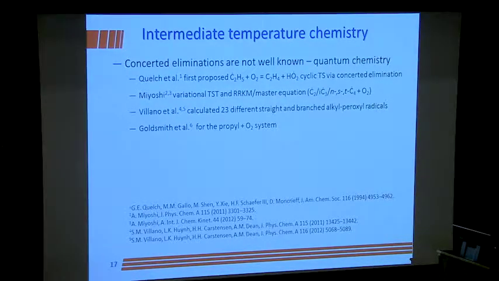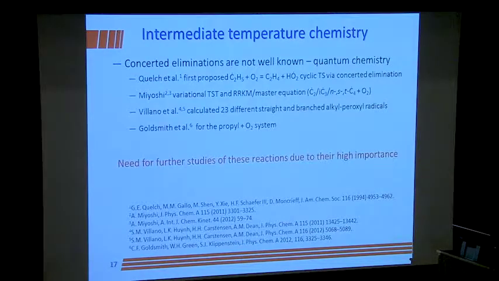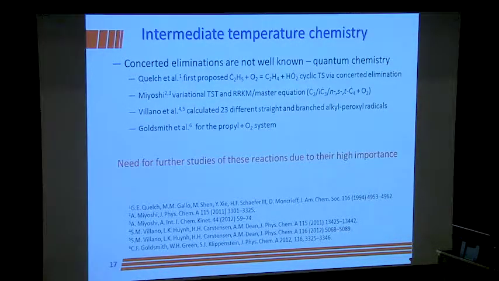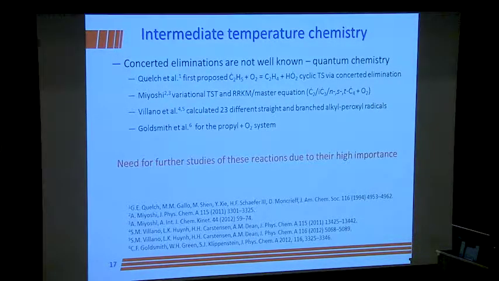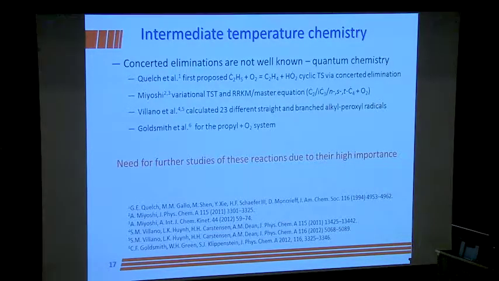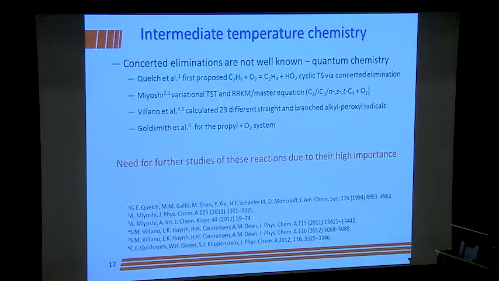And also Franklin Goldsmith, working with Bill Green and Steve Klippenstein, looked at the propyl plus O2 system. Okay? But I think we need many more studies of the rate constants of the reactions of these to get a much better handle on accurate rate constants for these. Okay? They're important.